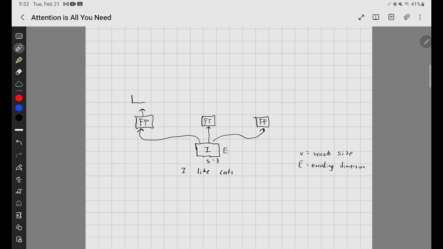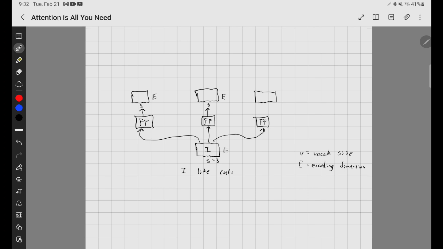Each of these transforms the input sequence along the E dimension. So it doesn't care about relationships among the tokens, it just transforms each token individually. So this will be S by E, so that the dimension doesn't change. You can change the dimension, but in this case, I'm not going to.